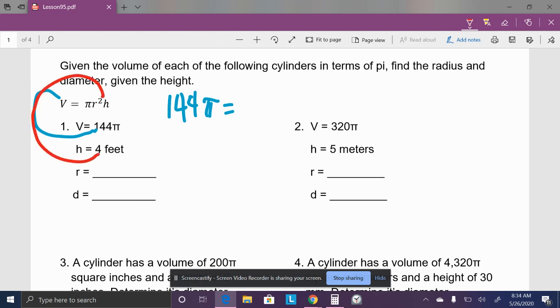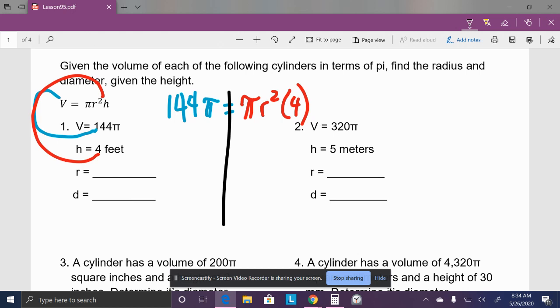So we have on the other side pi r squared times 4. All right. Now, with any equation, like we're solving any kind of equation, we want to draw a line down the equal sign.